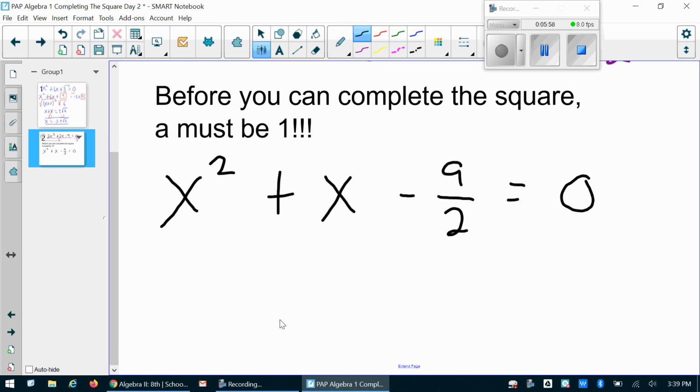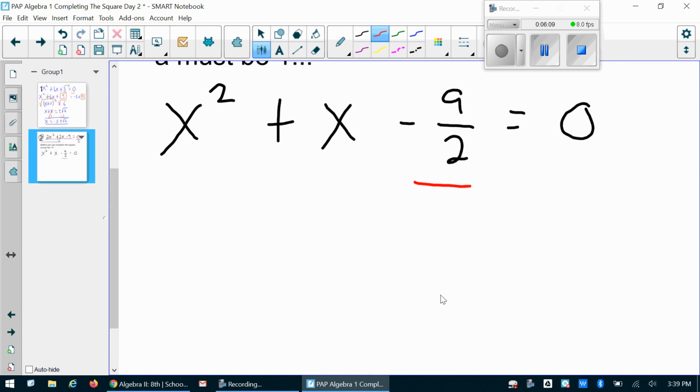Now we're doing the same problems we have been doing, but I'm sure you're cringing at this fraction. You can convert that to a decimal. Doesn't matter, but I'm going to keep it as a fraction for now. Just like before, step 1 is move that negative 9 halves to the other side. We'll do that by adding 9 halves to both sides.